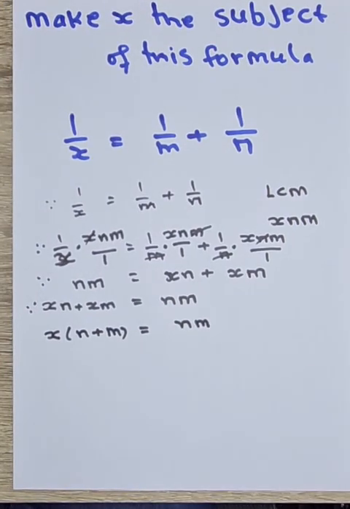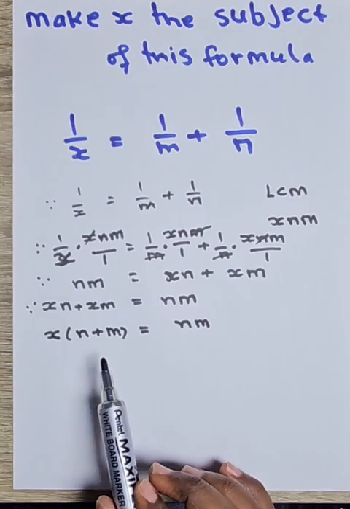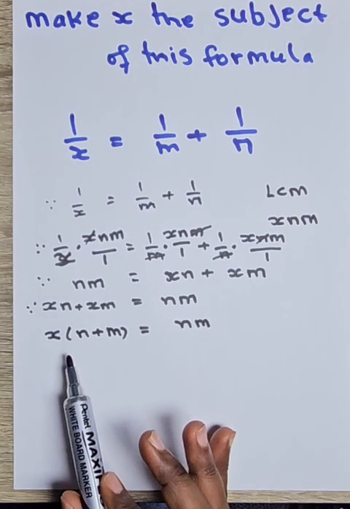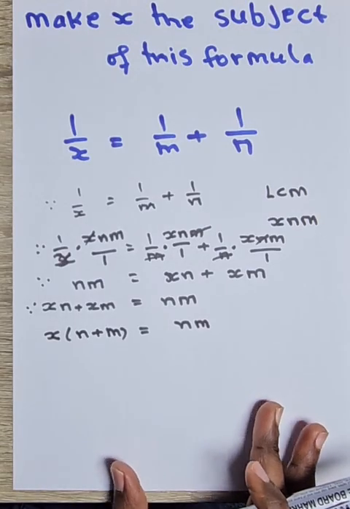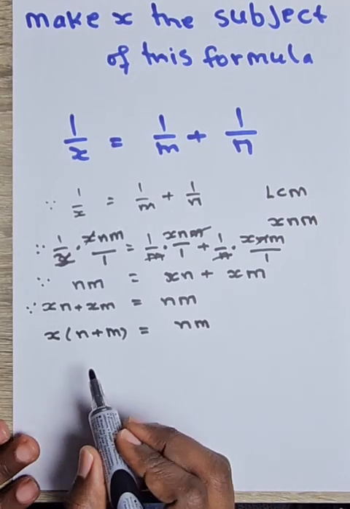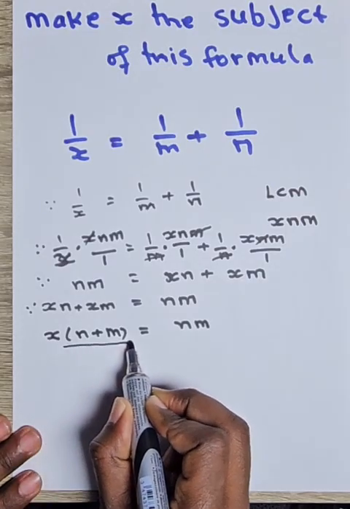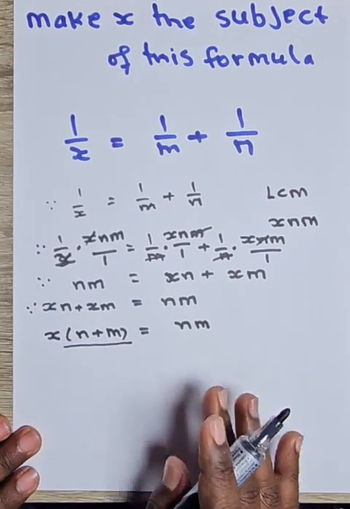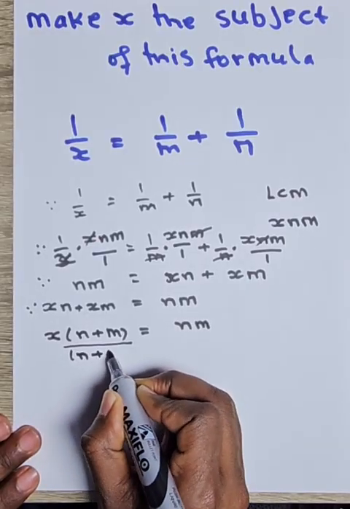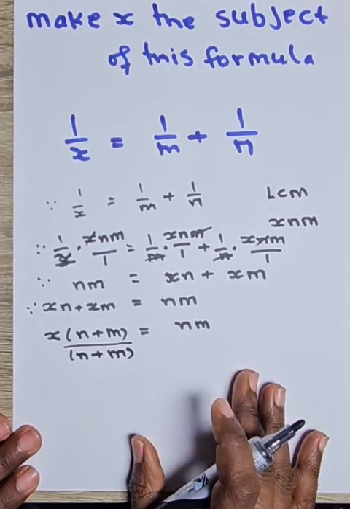Now, we need to isolate x. We therefore see the bracket of n plus m joined to x by multiplication. We therefore need to get rid of this bracket. By how? By dividing, because the opposite of multiplying is dividing. We're going to therefore divide by n plus m.